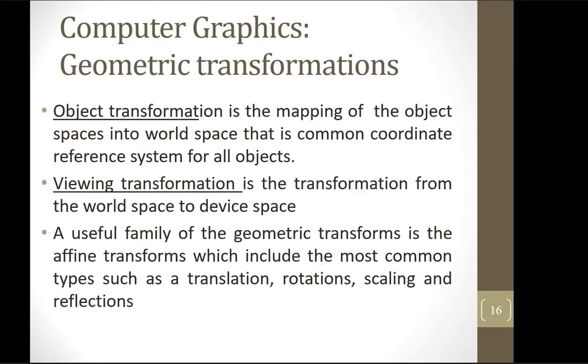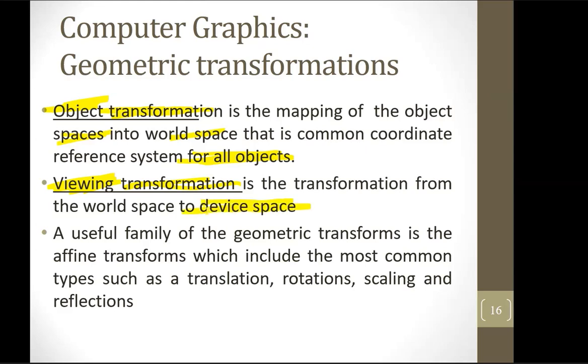Okay. Now let's see the types of transformation. Here we have two types: the object transformation and the viewing transformation. The object transformation is the mapping of the object space into the world space, that is, a common coordinate reference system for all objects. So here we are talking about the transformation of the object. Whereas the viewing transformation is the transformation from the world space to device space.